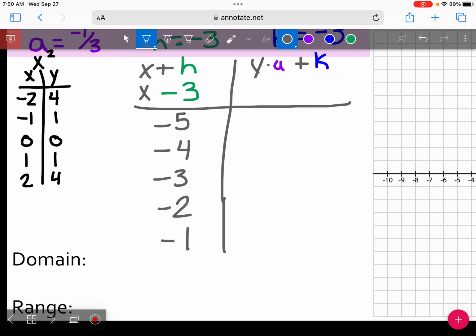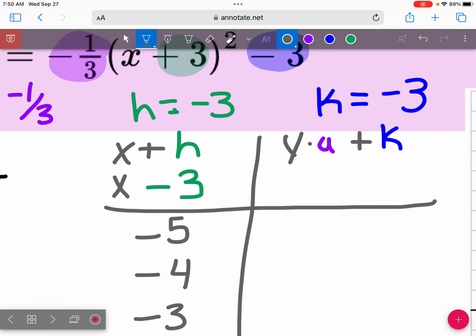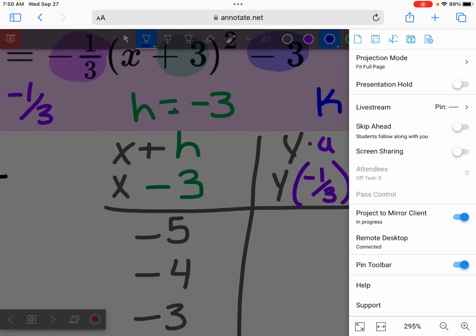Our y's here are going to get a little gross. It's okay. We can use a calculator. We love calculators. They're our very bestest friends. Because we're going to take our y values times -1/3 minus 3. But luckily, we have tools at our disposal to do this.